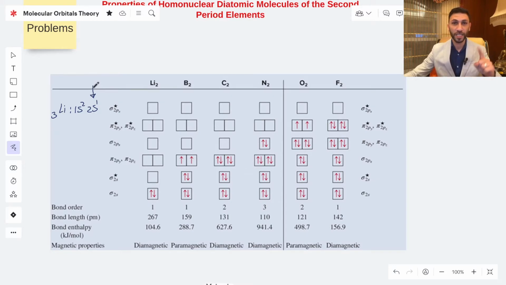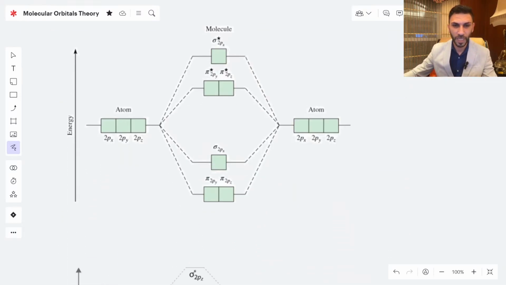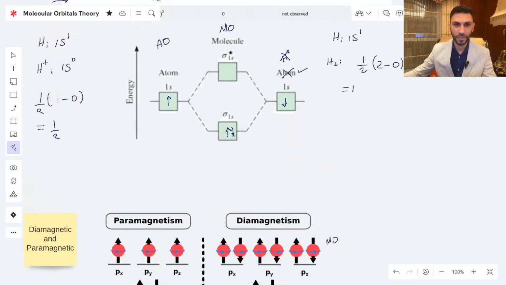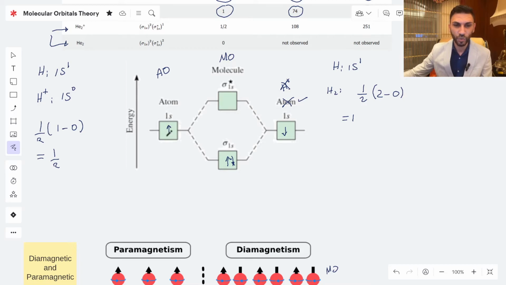So the first atom has 1 valence electron and the second atom has another valence electron. When we put them, we're going to put them in sigma 2s. Let's check the diagram. Lithium has, in this diagram, 1 electron in 2s, and the other lithium has 1 electron in 2s. So in sigma 2s, we have 2 electrons.